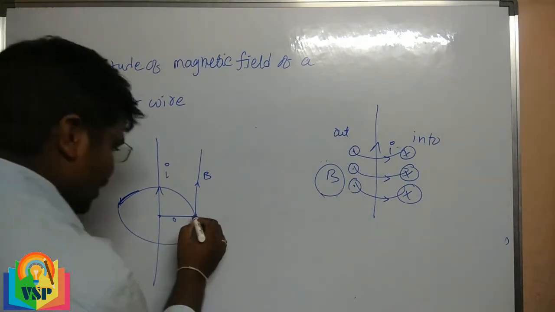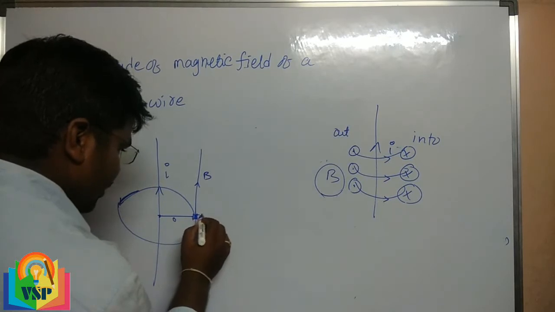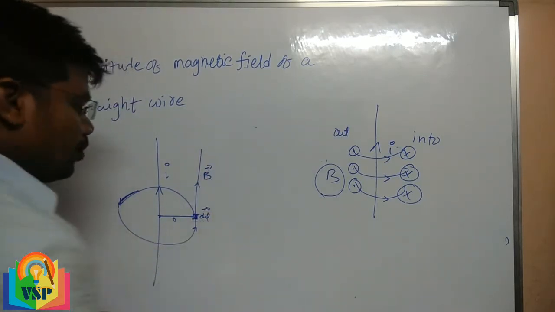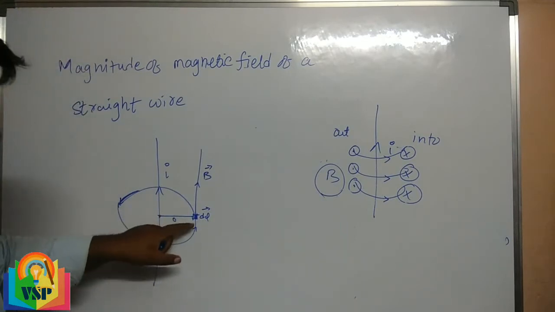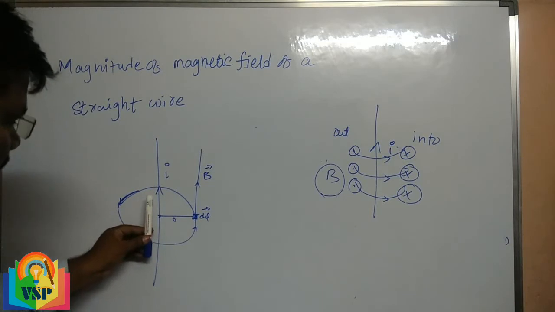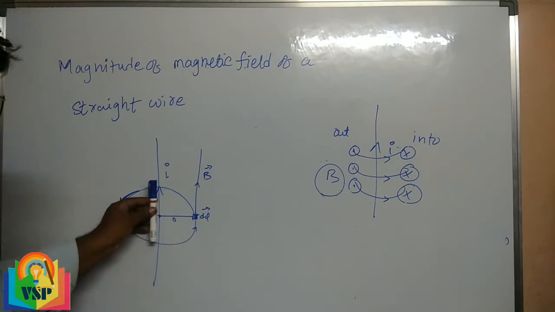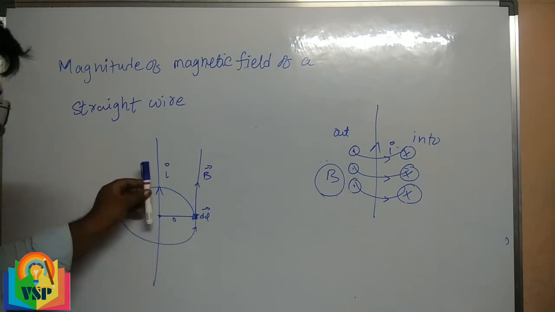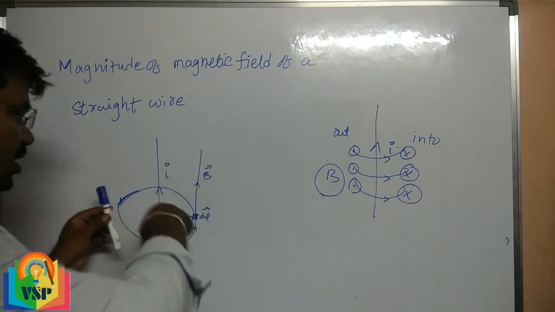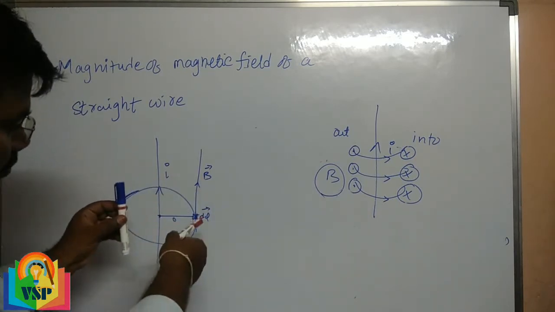Consider a small elementary length dl. Both are vectors here. dl and B are in the same direction. The current indicates like this, and the magnetic field direction at this particular Amperian loop is like this.